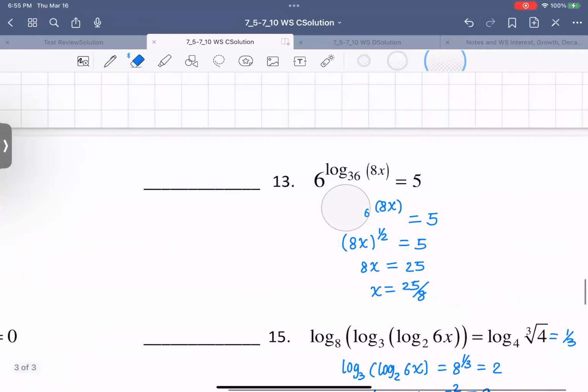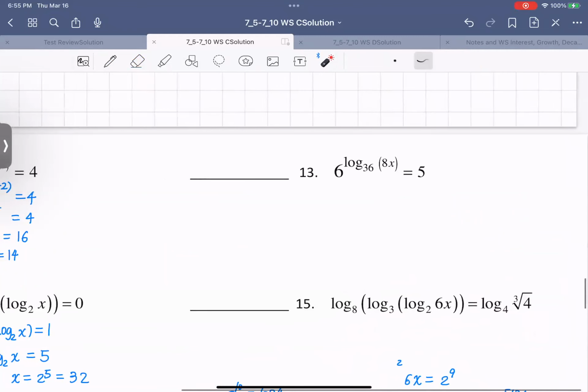I'm going to let students, can y'all try to do 13 and 15 by yourself? Make sure you show me your work. Do every step. Give it a try.